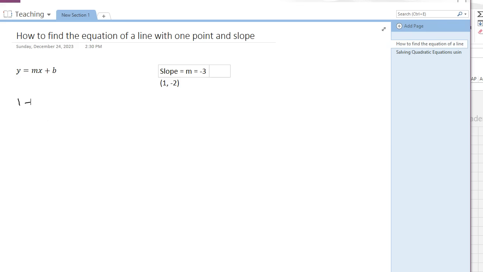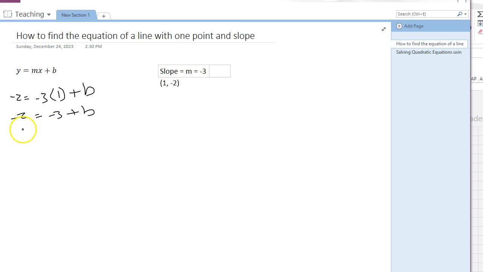Okay, y is -2. -2 equals m is -3, x is 1 times 1 plus b. So it gives -2 is equal to -3 plus b.